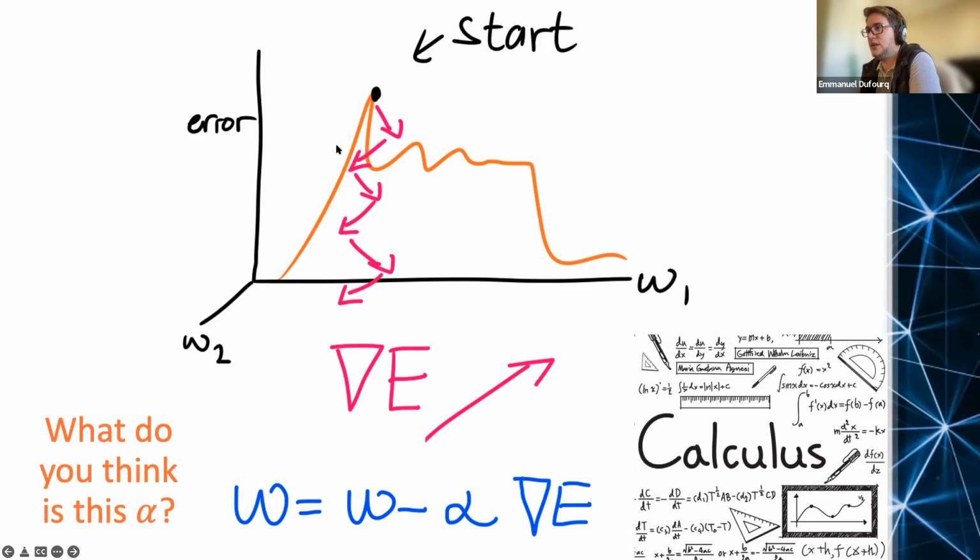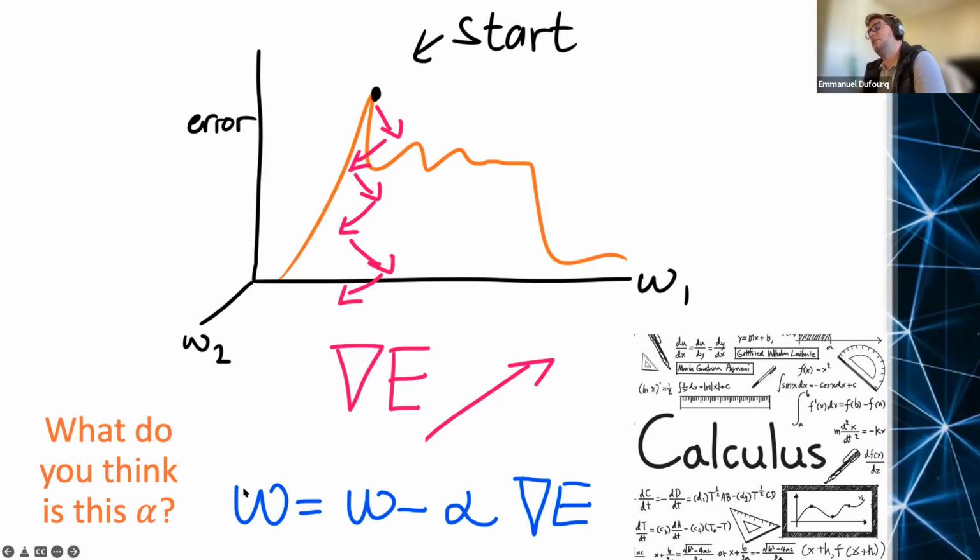I can plot the error for all possible values of W1 and W2. Initially, when I randomly initialize W1 and W2, maybe I start off here with a very high error. What I would like is to take little steps and gradually go down and reduce my error until eventually my error is minimized. This process is called gradient descent.